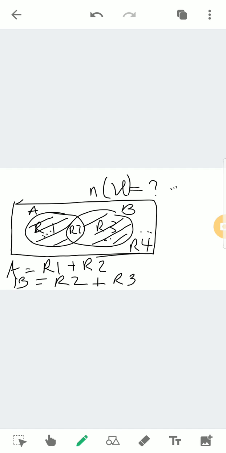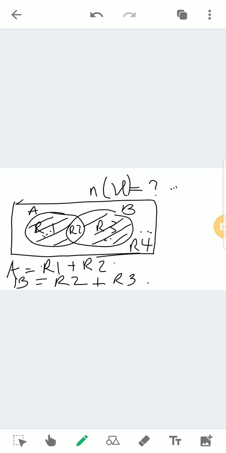Now, the whole of region A, this circle here, is made up of region 1 plus region 2. This plus this. Then the whole of B is made up of region 2 plus region 3.